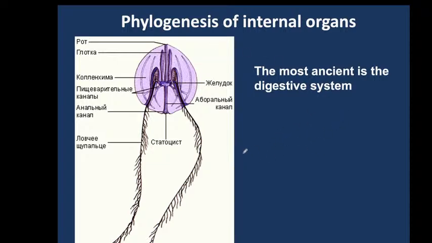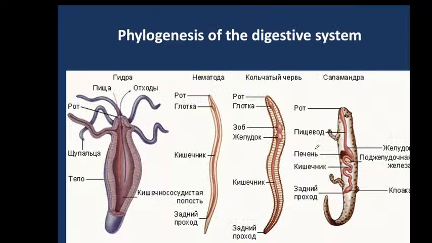Phylogenesis of internal organs. If we see simple organisms like intestinals or a comb jelly, we can find a simple digestive system, because the digestive system is the most ancient system in the world. This is the phylogenesis of the digestive system.